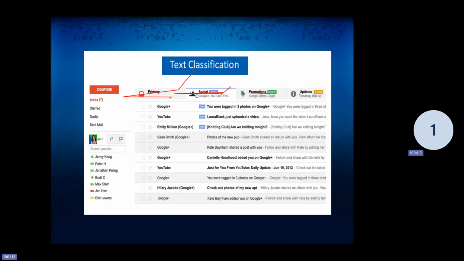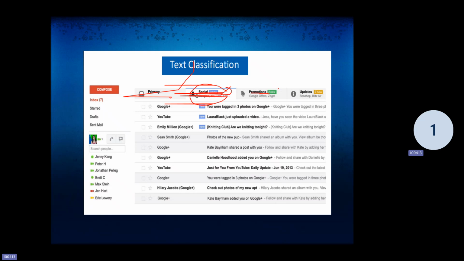For example, if you are getting mail from YouTube, Facebook, then it comes under social. If it comes under social, and a mail says congratulations, you have won this and this, then it segregates it into spam mail.